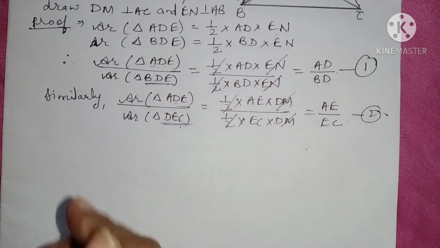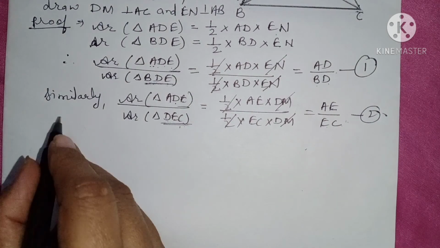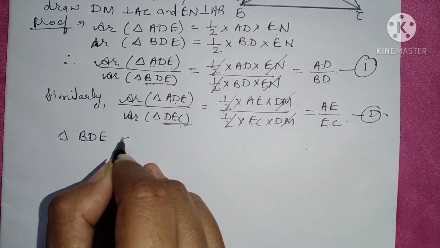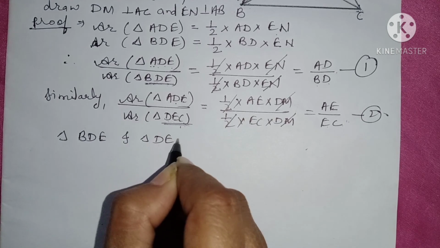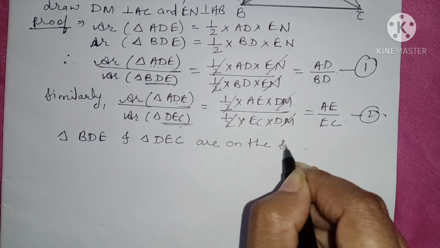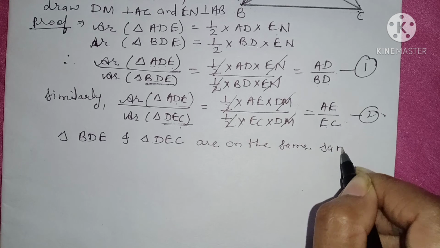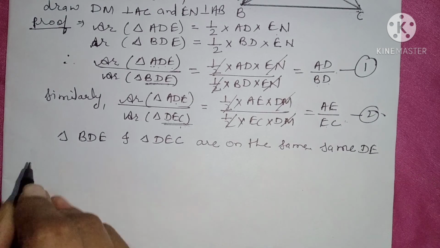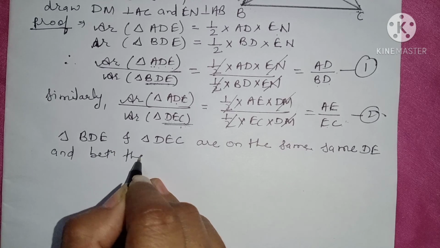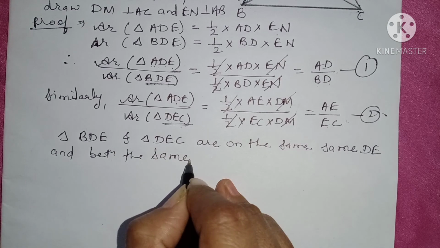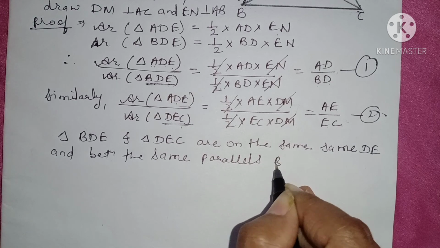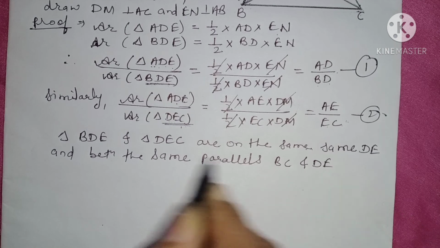Okay, so now we can write: triangle BDE and triangle DEC are on the same base DE and between the same parallels BC and DE.